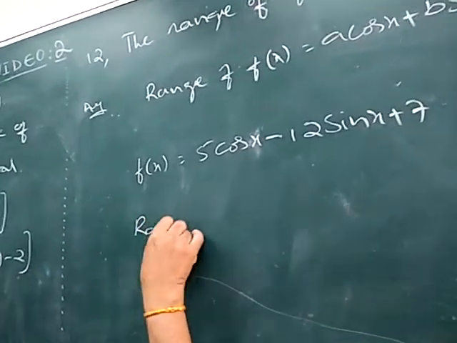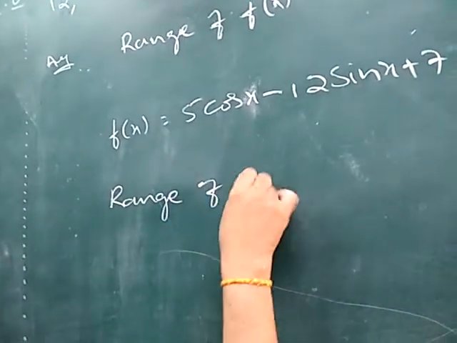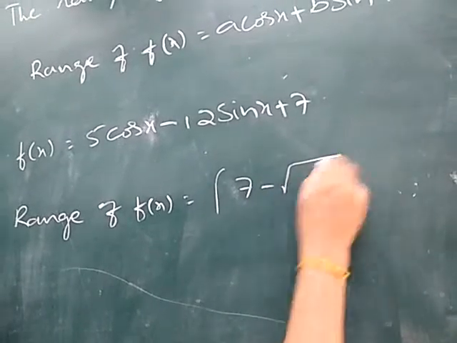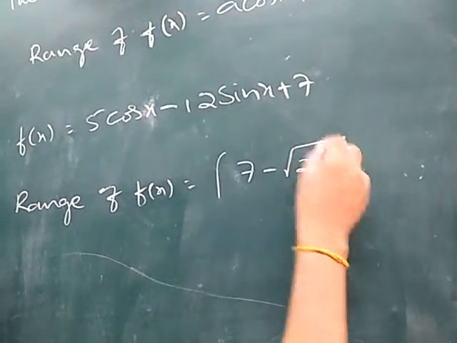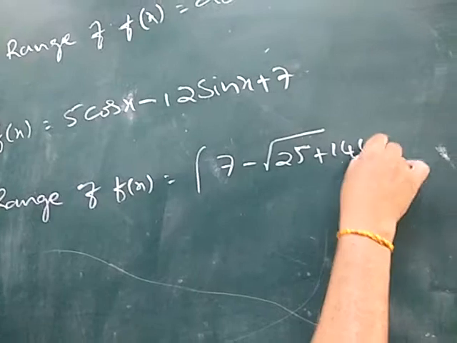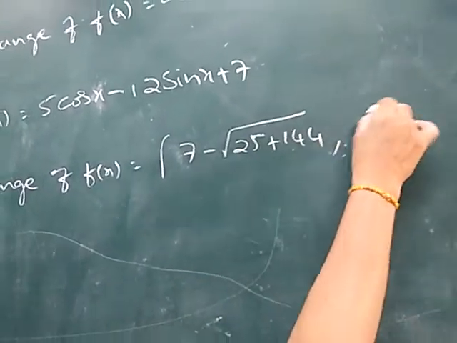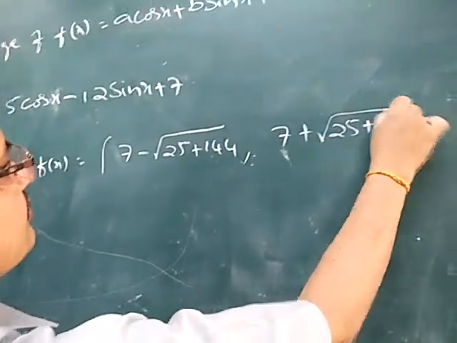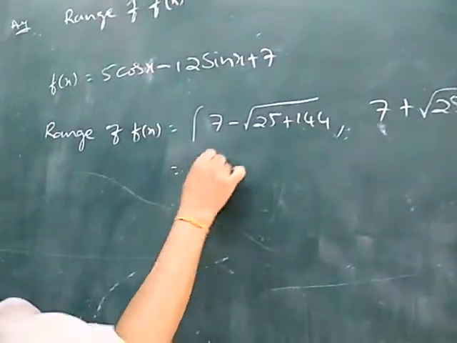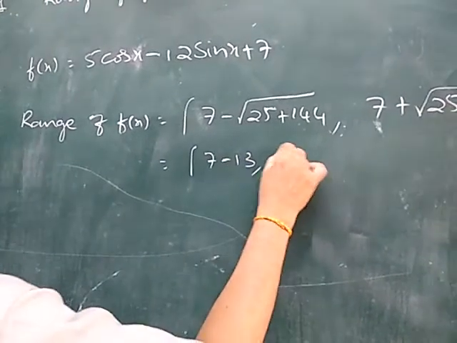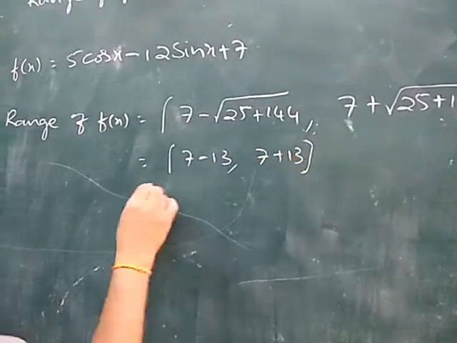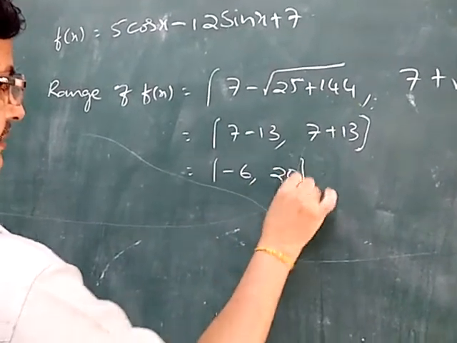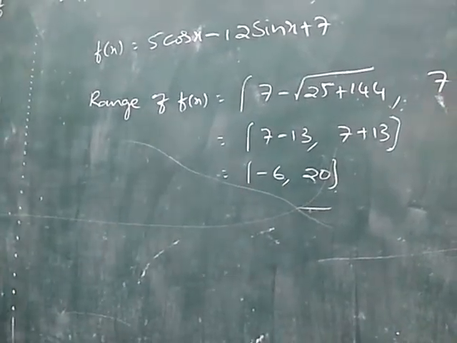So range of f of x is equal to c, means 7 minus root of 25 plus minus 12 whole square is 144 comma 7 plus root of 25 plus 144. So this is equal to 7 minus 13 comma 7 plus 13. So that is minus 6 comma 20. This is the range of the given function.